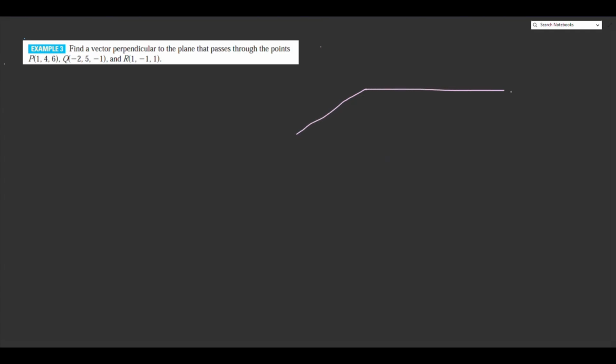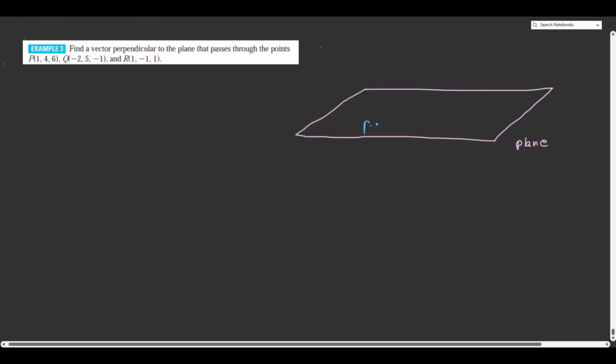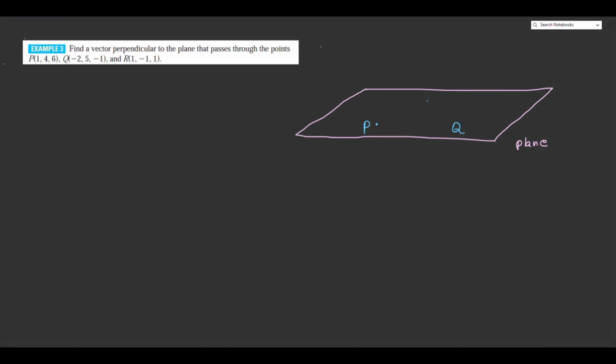Suppose this is our plane, and in this plane there lie these three points. Let's say this is the point P, this is the point Q, and here we have the point R.